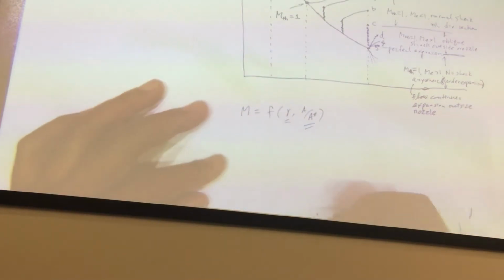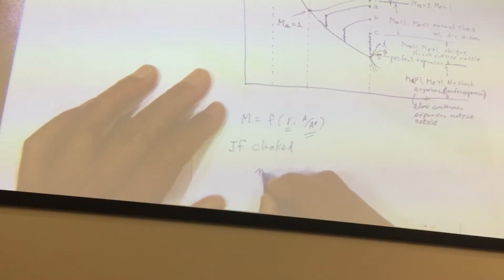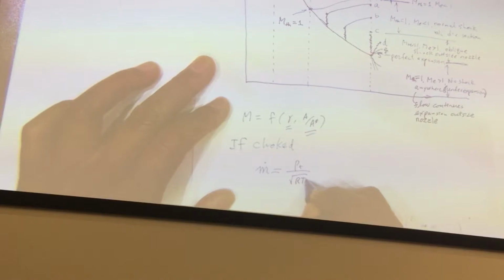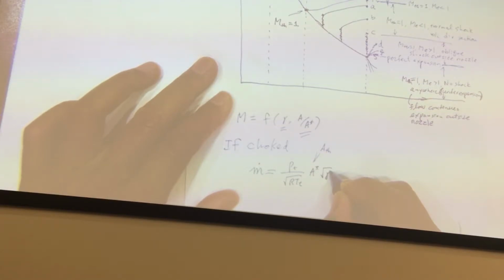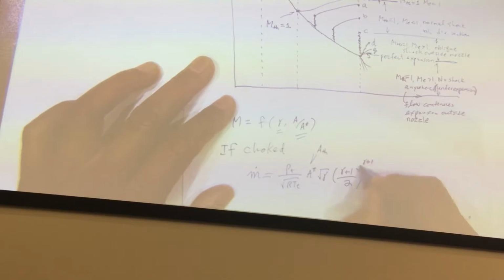Because the mass flow rate, remember, for choked flow, m dot equal to PT over square root of R TT, times A star, times square root of gamma, times (gamma plus 1 over 2) to the power of minus (gamma plus 1) over 2 (gamma minus 1).